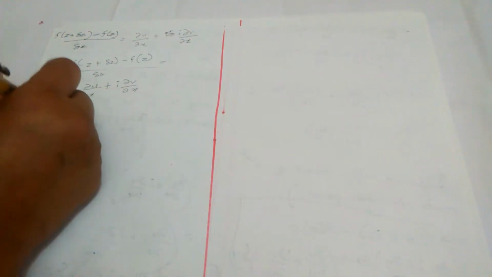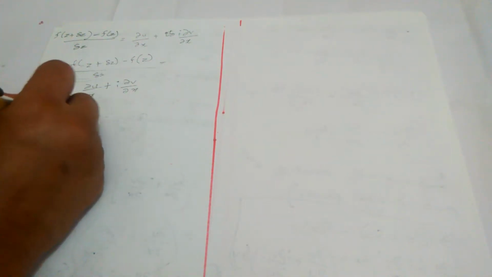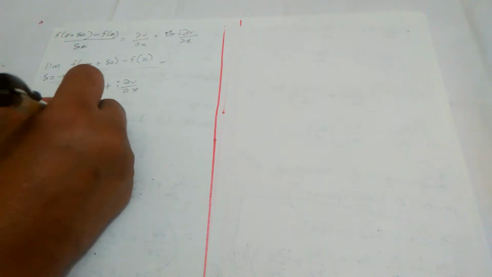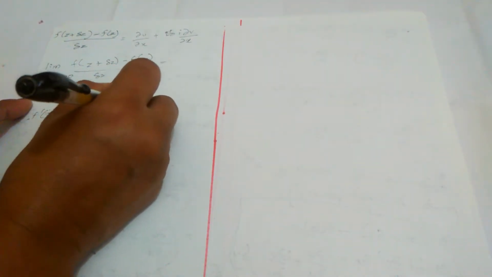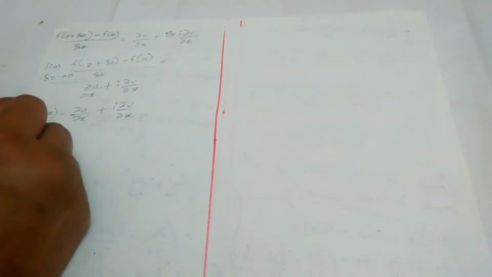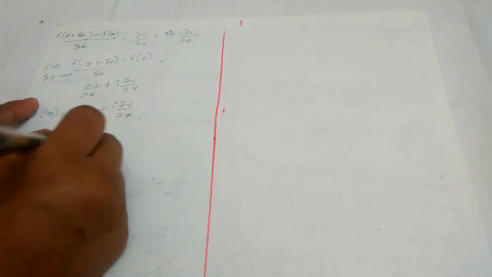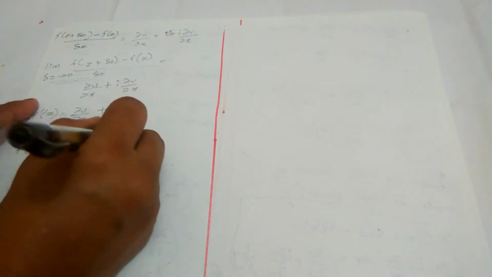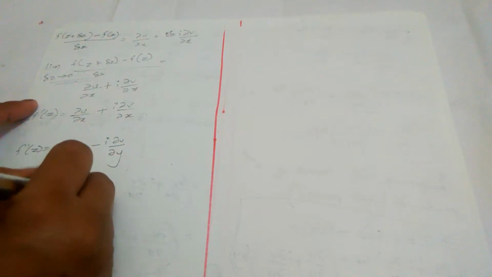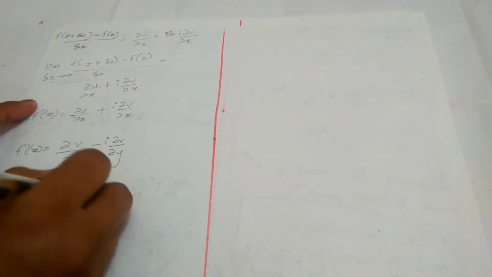So next step, what is this? This will be f'(z), which is equal to Δu/Δx plus i Δv/Δx, or f'(z) is equal to Δv/Δy minus i Δu/Δy. So we have proved our proof, hence proved.